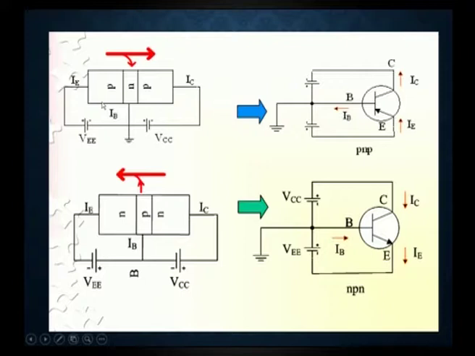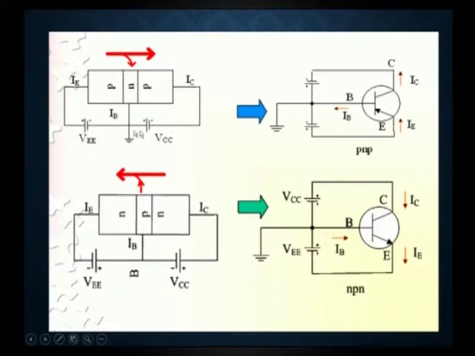So, this is how the PNP and NPN transistors look when connected in a common base configuration, where the base terminal is grounded and common for both input and output. Here the emitter current is flowing in this direction and the collector current in this direction, and these are the terminals for collector voltage and emitter voltage.